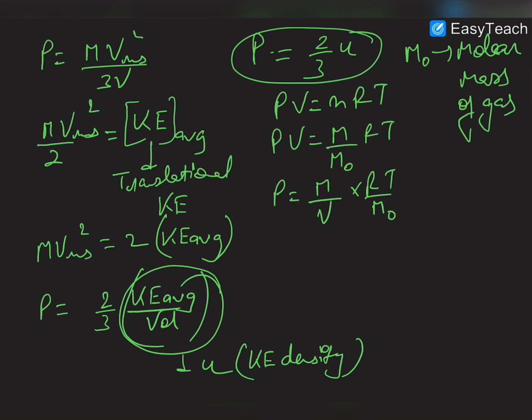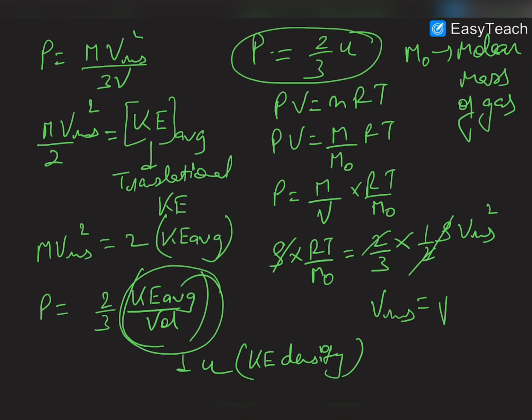Okay, so we can write P as this. M by V is the density, and this is RT by M naught, and this is 2 by 3. Kinetic energy per unit volume will be half rho V RMS square. What we have done is we have written the kinetic energy as half m V RMS square, and mass upon volume is written as density. So cancelling this 2 with 2 and this rho with rho, we can see that V RMS is the square root of 3 RT by M naught.